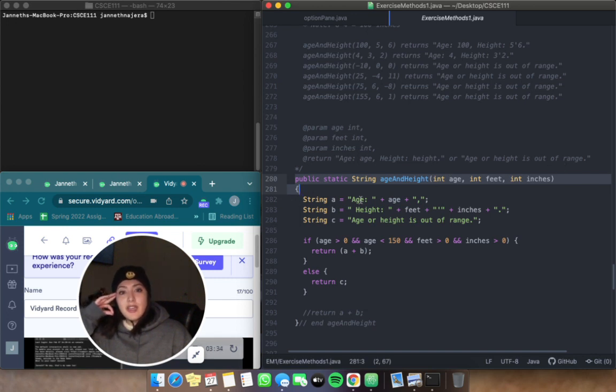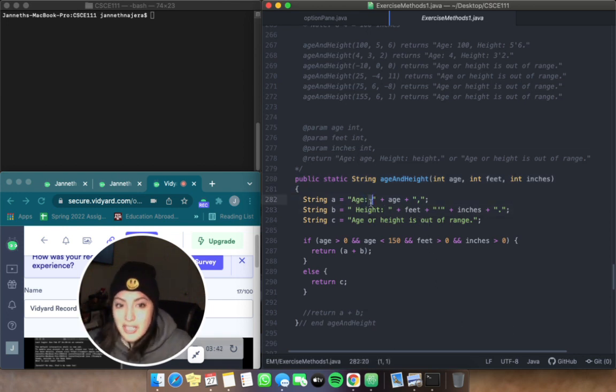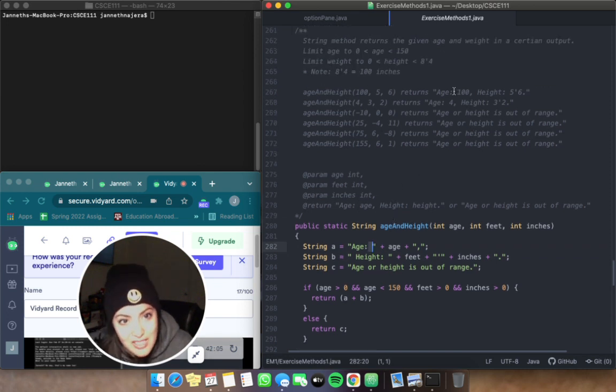So in string A, I put age, a little colon. And then I purposely did like a little space right here just to make sure that I had the space already defined. Okay, there's other ways to do it, but I just think this way is easier because I can see it in real time. Also because I don't know any other way.